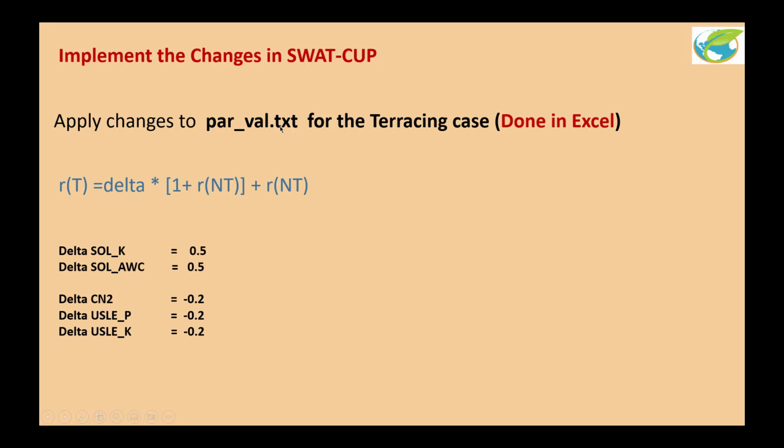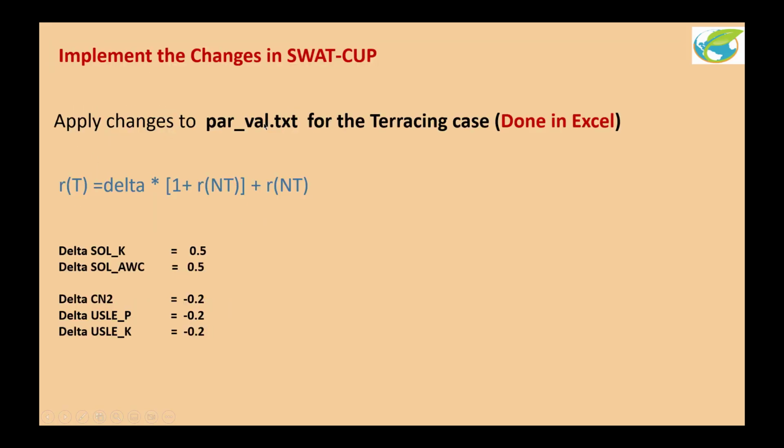Now, as you know, in SWATCUP, when you want to do 500 simulations, the program initially generates 500 parameter sets, right? Of these parameter sets, those 5 are the ones that we want to change when we go to the terracing case. And this we do in Excel, I will show you. If you are making a relative change, the new terracing parameter is the non-terracing parameter value times 1 plus the delta that I showed before.